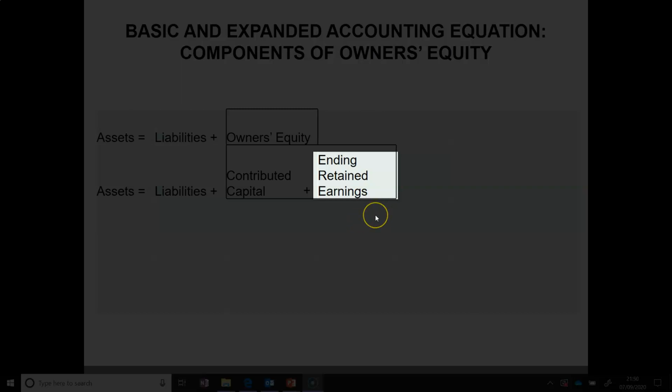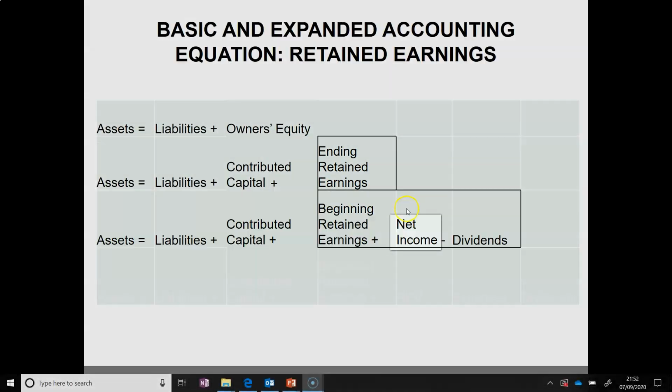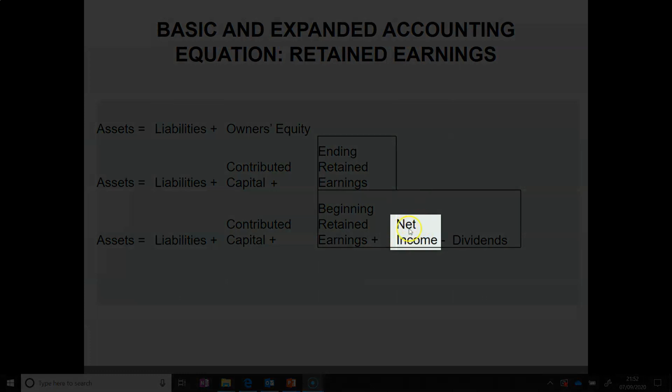However, we do not separately have an activity equation for the income statement. Rather, we adjust the retained earnings for any addition or subtraction, that is revenues and expenses, in the balance sheet equation. Net income represents the difference between revenues and expenses.